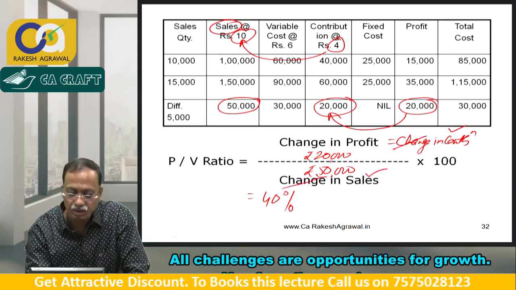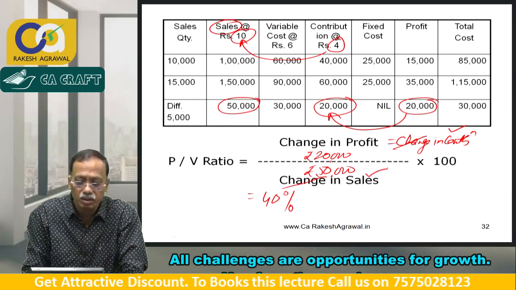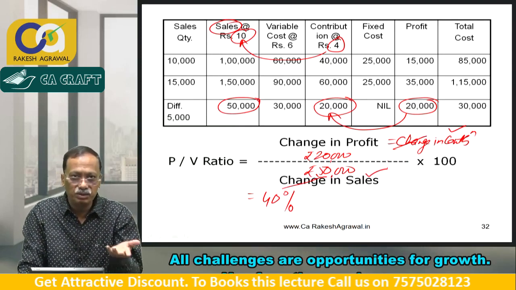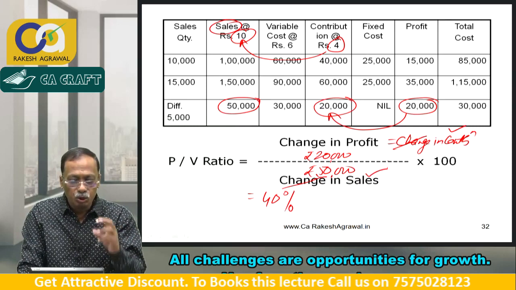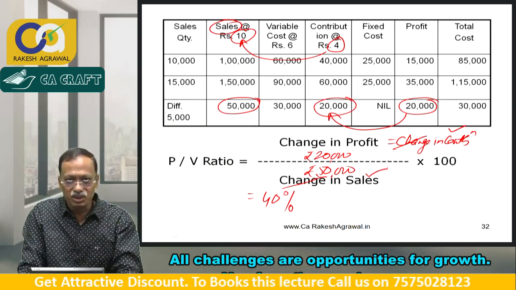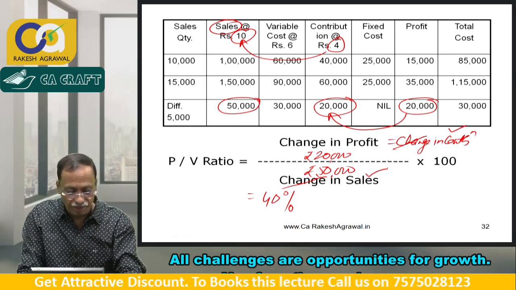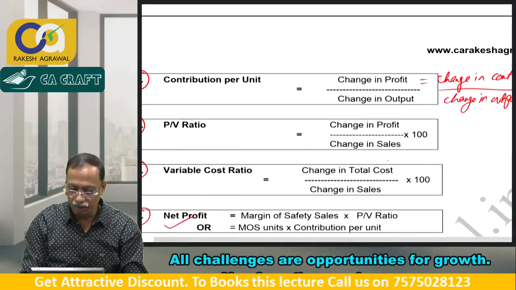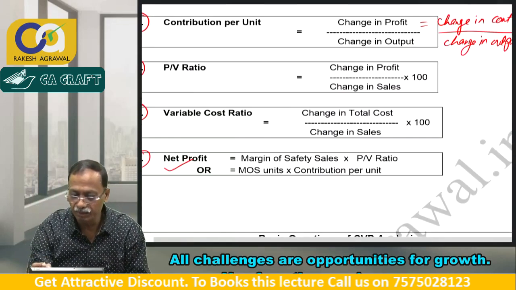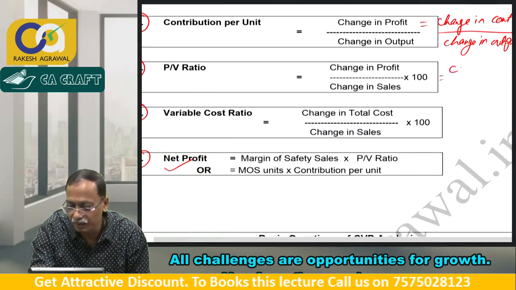Contribution numerator, sales denominator. Contribution upon sales into 100. Naturally it will become the PV ratio. That is the formula of PV ratio. So the numerator for writing purposes is change in profit. For understanding purposes it is change in contribution. It means you can rewrite this formula as change in profit as change in contribution upon change in sales.